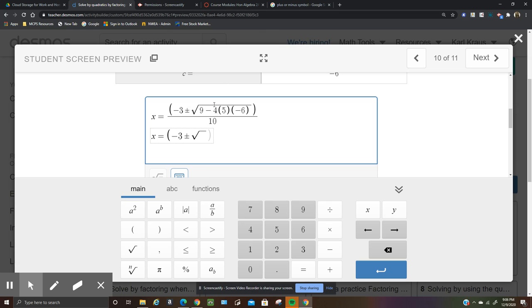So this would be 20 times 6 is 120, plus 9 would be 129 under the radical, divided by 10. And you can always take these parentheses away after you're done to make it look a little neater.